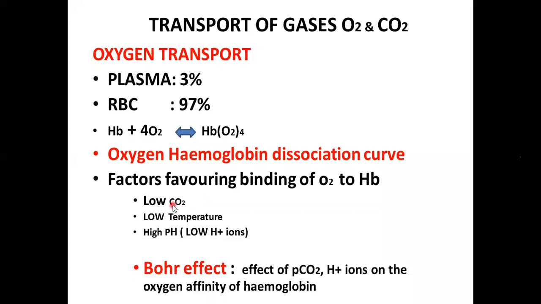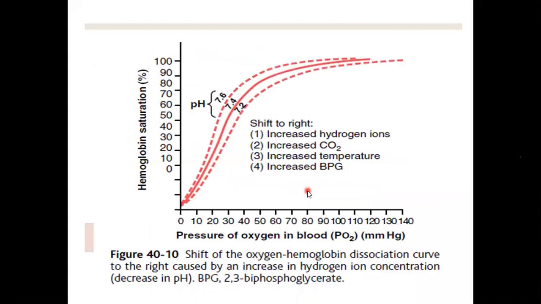And now the low carbon dioxide pressure, and at alveoli the temperature is also very low, and we have very low hydrogen ions in the blood in the alveoli. That means it is high pH. So these are the factors that favor the formation of oxyhemoglobin. That means saturation of the hemoglobin takes place.